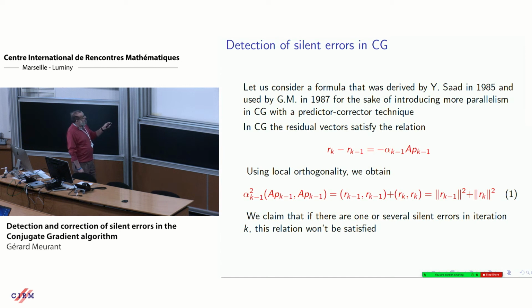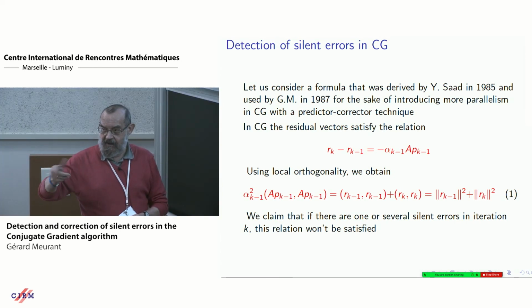If you use that, you can show this relation: alpha_{k-1} squared times this dot product, which is the norm squared of A p_{k-1}, is equal to the sum of these two norms at two different iterations. So in 1987, I was using that to predict the value of the norm of R_k squared before computing R_k.